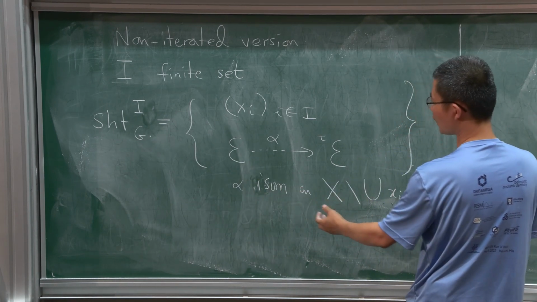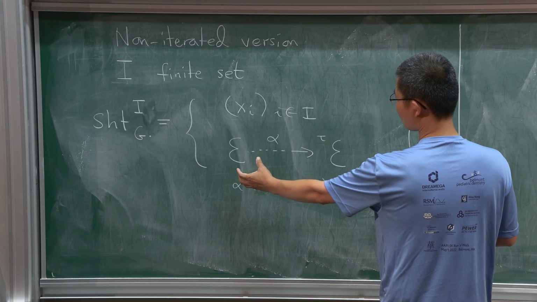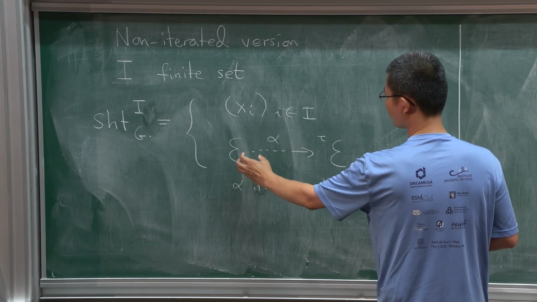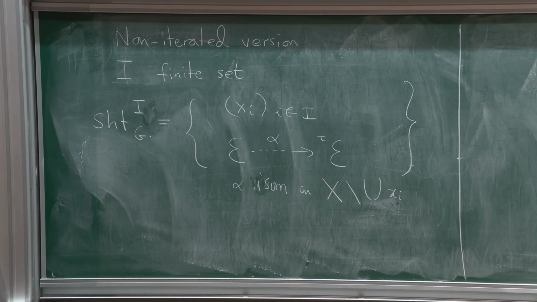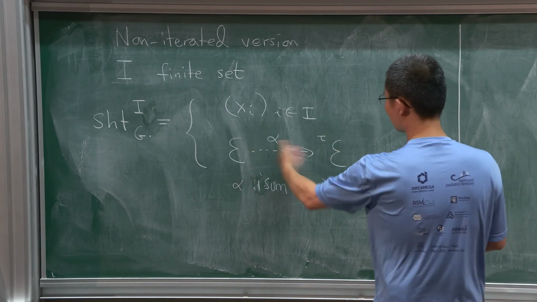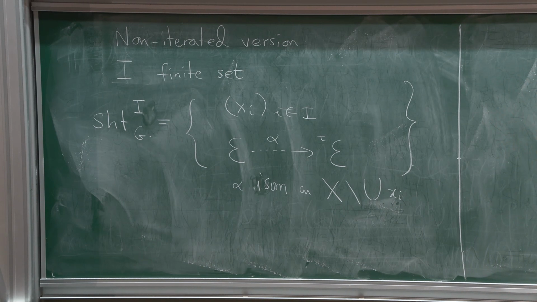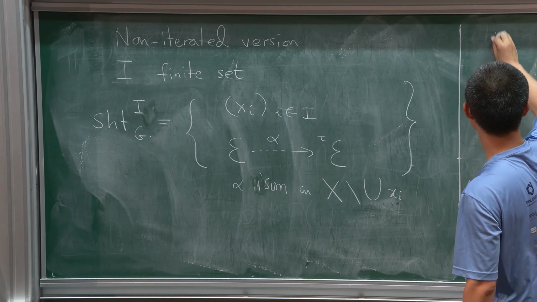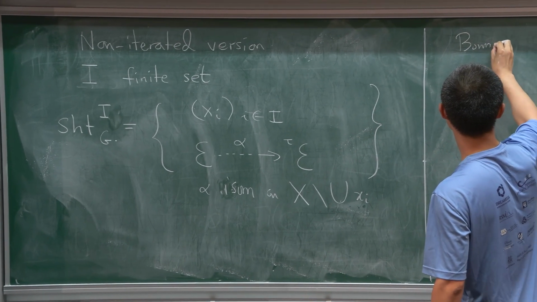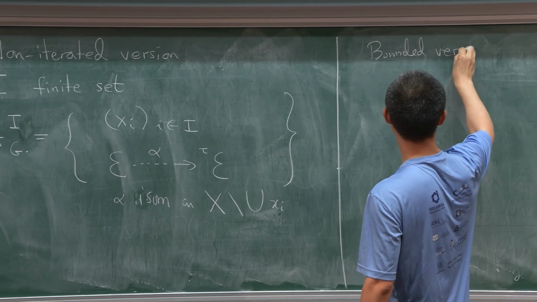If you have two different legs, you can always modify at one leg in the first step, and at another leg in the next. But if legs coincide, there are multiple ways of decomposing it into iterated Shtuka. So the bounded version is more complicated.